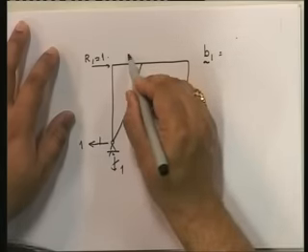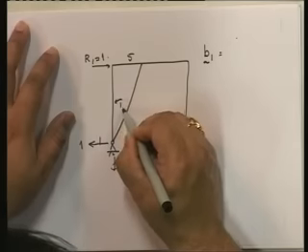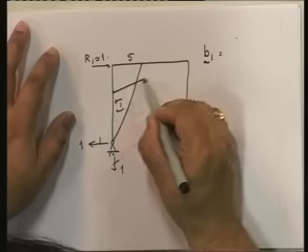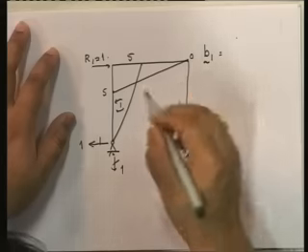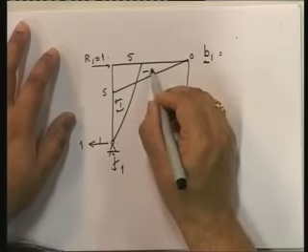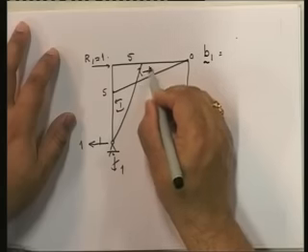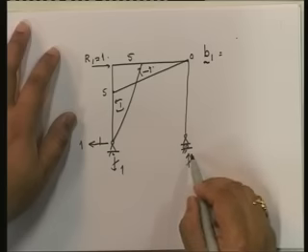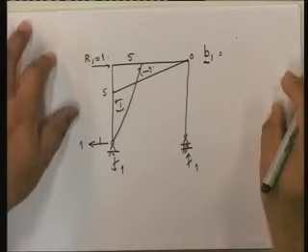This would be 5, going in this fashion. And over on BC, it's going to be like this, 5 and 0 here. And over here it has to be 0 because this one doesn't take any moment.